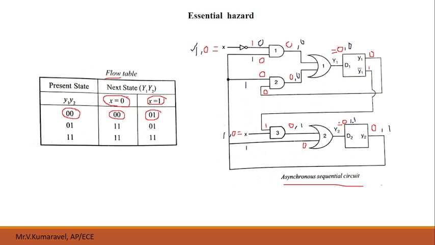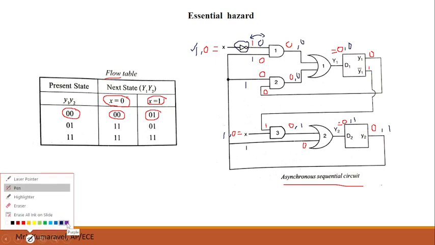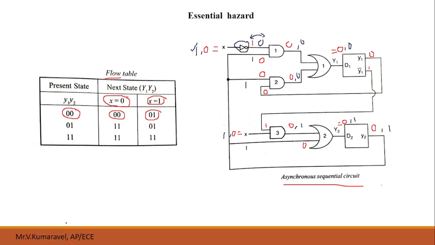But what is essential hazard? Let us consider there is some time delay in your NOT gate. Due to this time delay, your NOT gate output, swapping from 0 to 1, will take some time. In that time interval, instead of your NOT gate output changing to 0, it is still 1 itself.